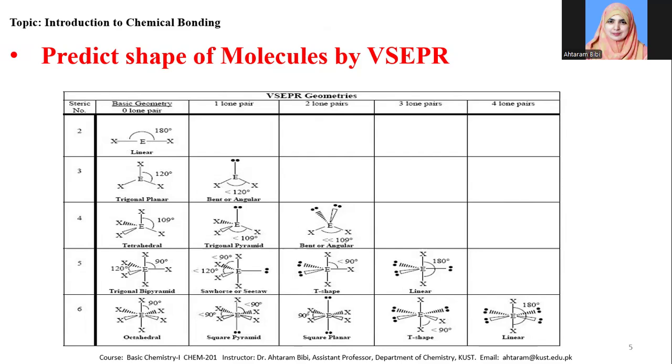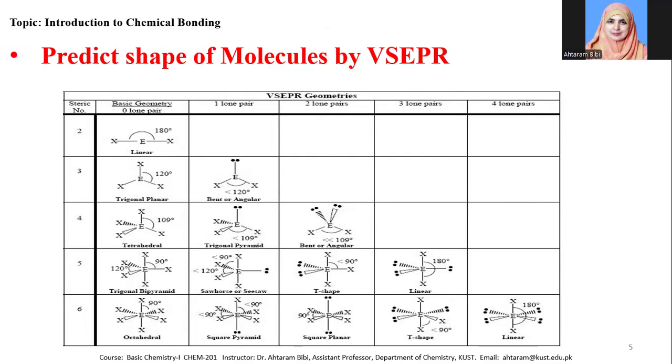And if there are 3 bonded pairs of electrons and 2 lone pairs of electrons, then it is T-shaped. And if it has 2 bonded pairs of electrons and 3 lone pairs of electrons, then the structure will be linear.